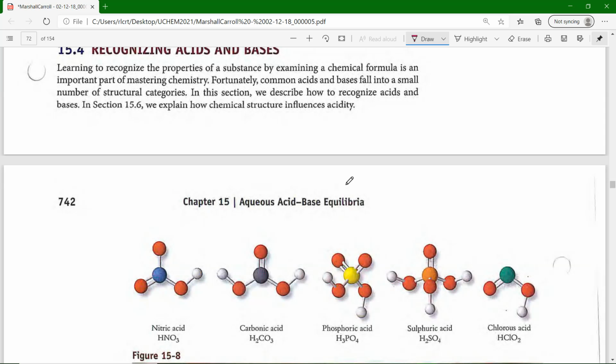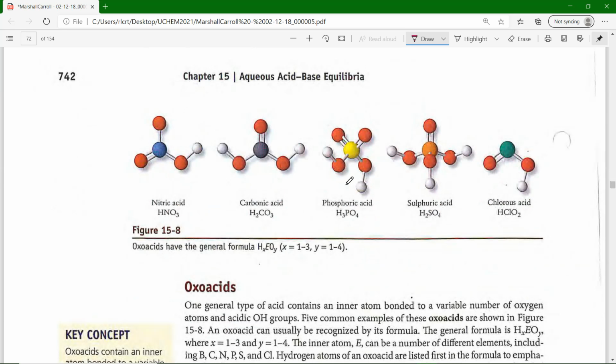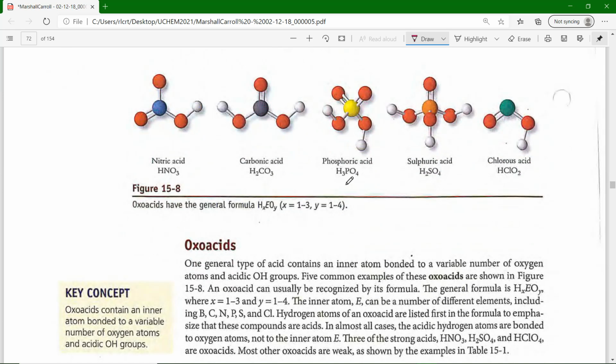15.4, recognizing acids and bases. We have some pictures here from that review at the beginning of this chapter, the high school review. I mentioned oxoacids. They're sometimes called oxyacids, and you're going to have a nonmetal like nitrogen with oxygens doing their best to surround it, and then acidic hydrogens dangling from an oxygen.